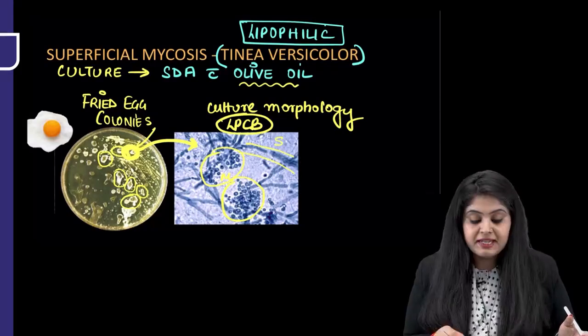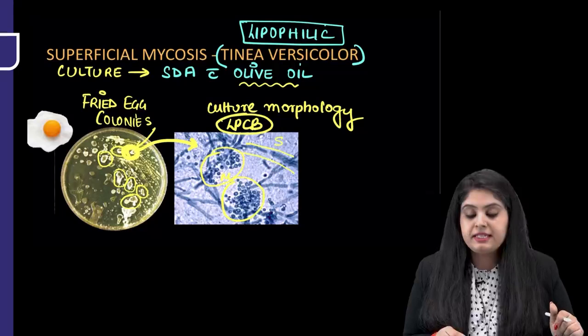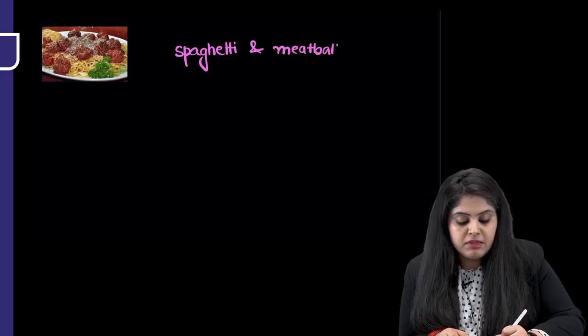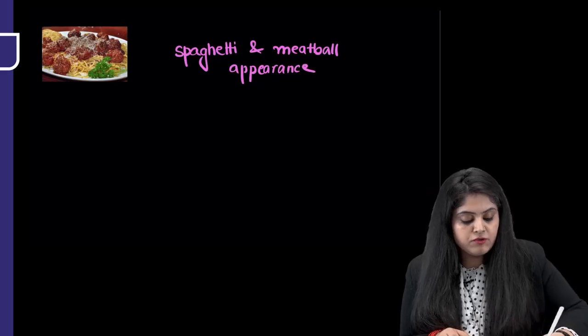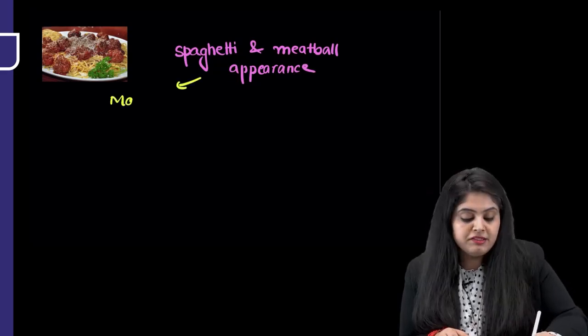So now, before I summarize this entire thing, which are the other places where you see the very famous spaghetti and meatball appearance? The first place, which I've just taught you, is Malassezia furfur. And the second one is a Pap smear finding that you have studied in pathology.